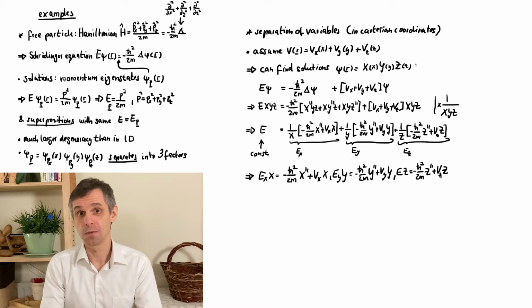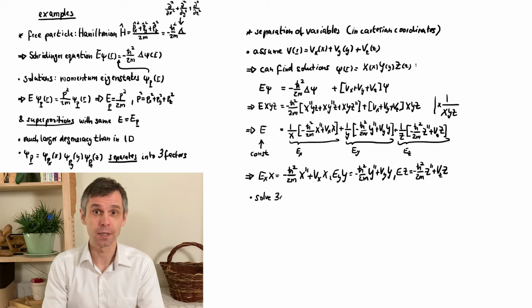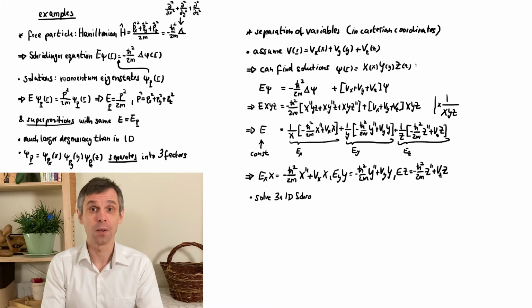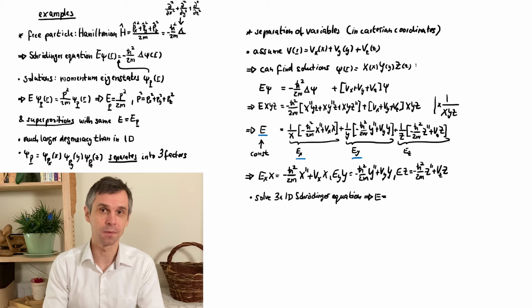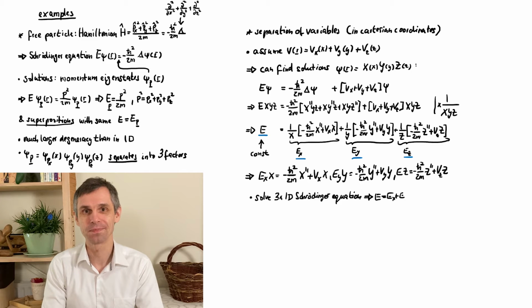So you can simply solve these three one-dimensional Schrödinger equations and then freely combine the solutions into the wave function psi, with the energy being the sum of the energies from the three different problems.